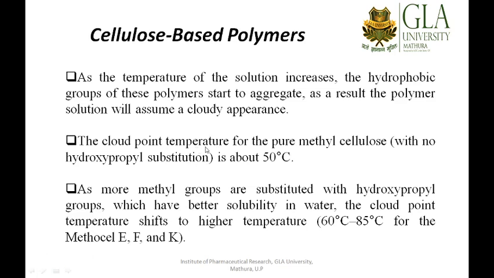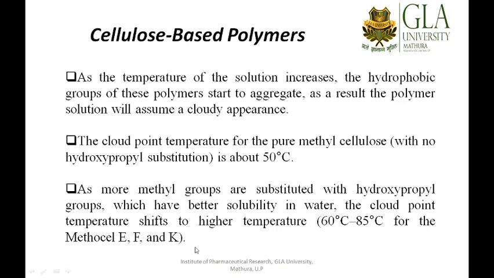This cloudy appearance is somewhat related to the gelling property of the polymer. The cloud point temperature for pure methyl cellulose, if there is no hydroxypropyl substitution on it, will be around 50 degrees centigrade. As we go on introducing hydroxypropyl groups, they will have better solubility in water, and the cloud point temperature will shift towards the higher side.